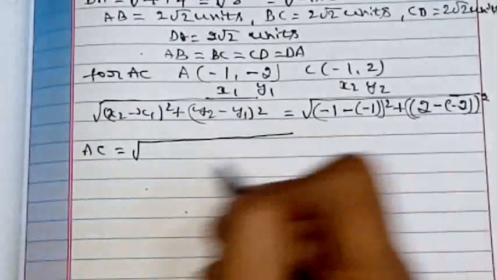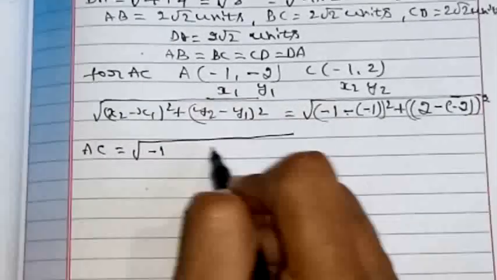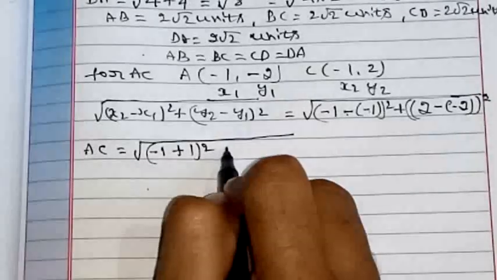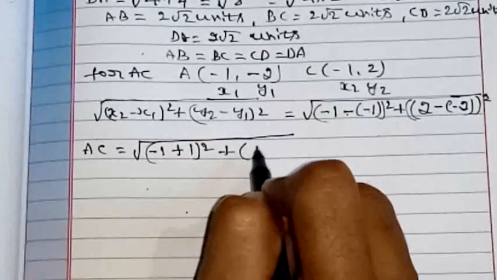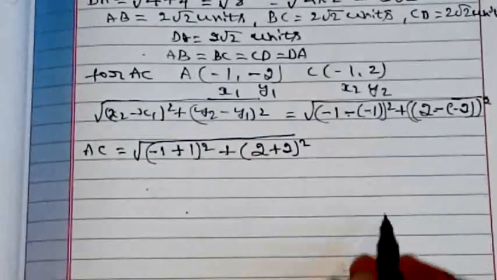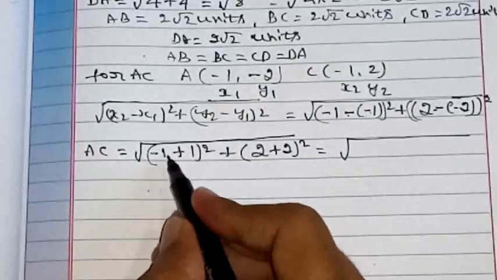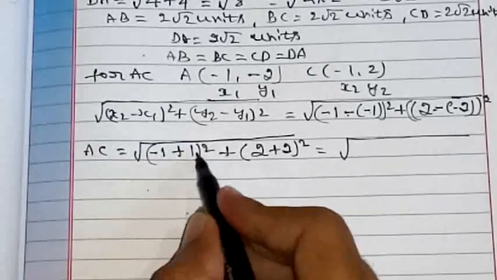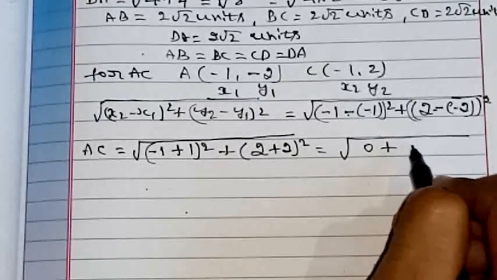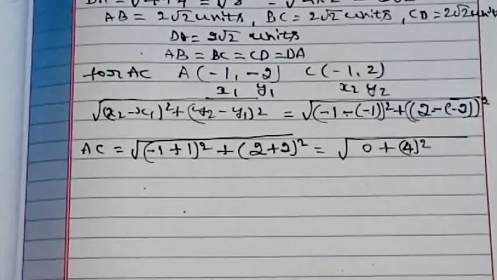Now open the bracket. First keep the minus 1 as it is, minus into minus is plus 1 whole square, plus keep the 2 as it is, minus into minus is plus 2 whole square, right? So that equals the square root of, minus 1 plus 1 gets cancelled, which is 0, plus 2 plus 2 is 4 square, right children?